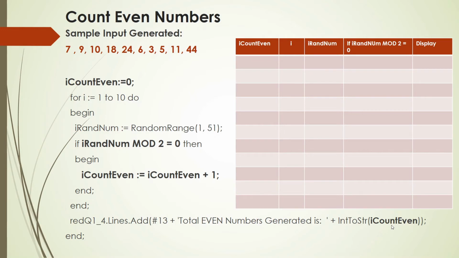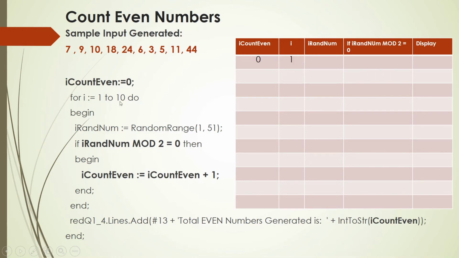So let's do a trace and step through each line of code. My first variable iCountEven is initialized to 0. So on my trace table, iCountEven is initialized to 0. I come into my for loop and i takes on the value 1.